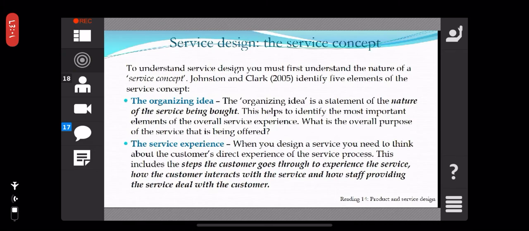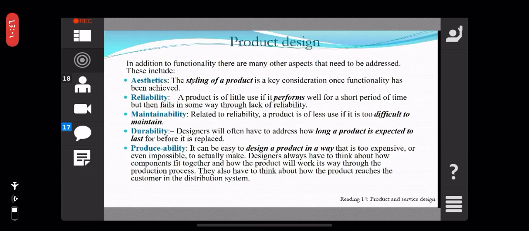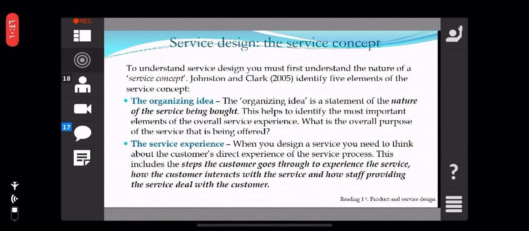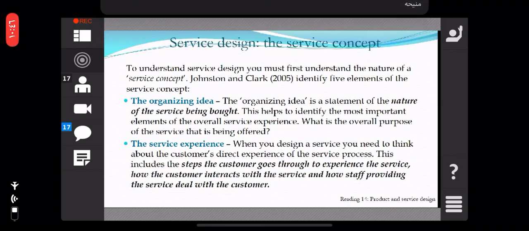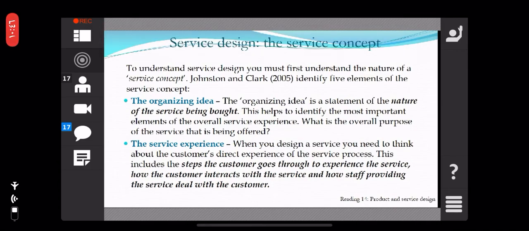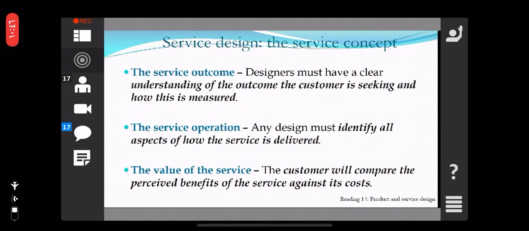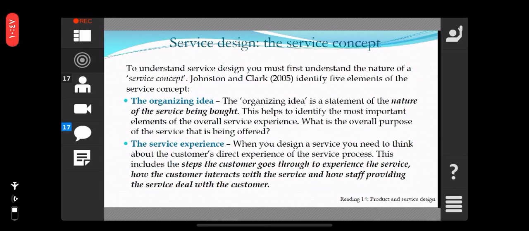Now service design. By the way, this is tangible, this is intangible. So service design is the service concept. To understand service design, you must first understand the nature of the service concept. Johnston and Clark 2005 identify 5 elements of service concepts: the organizing idea, the service experience, the service outcome, the service operation, and the value of the service. Number 1, the organizing idea.